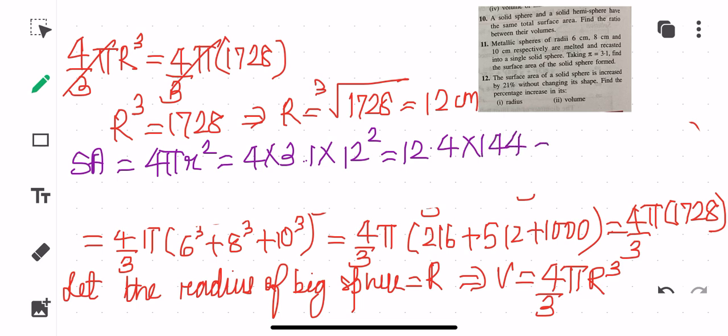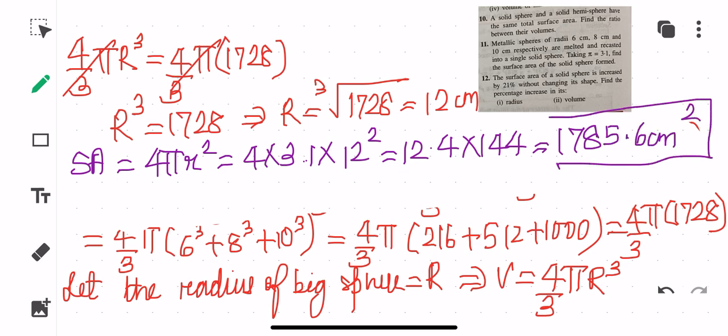How much are you getting, children? This is equal to 1785.6 centimeter square. Mind the units, children. This is how you need to do this sum.